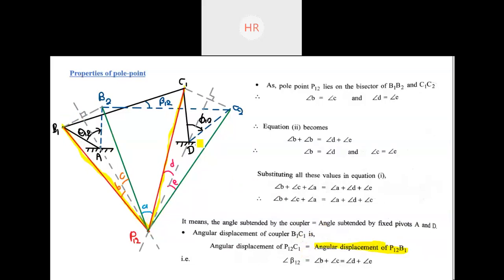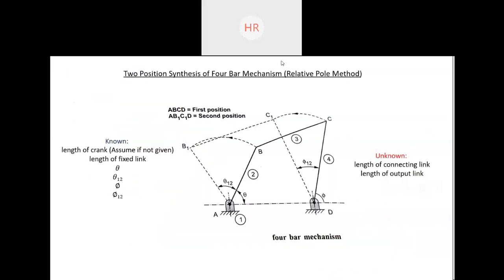So you can write beta 12 is actually equal to B plus C and D plus E. So these were the properties of the pole point.